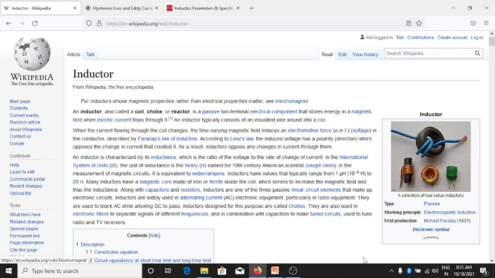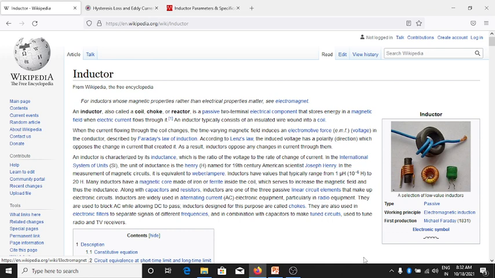In the measurement of magnetic circuits, it is equivalent to Weber per ampere. Inductors have values that typically range from 1 microhenry to 20 Henry. Many inductors have a magnetic core made of iron or ferrite inside the coil, which serves to increase the magnetic field and thus the inductance.